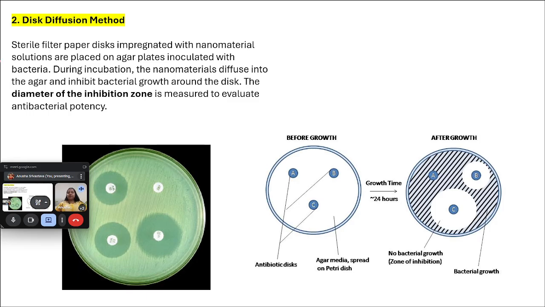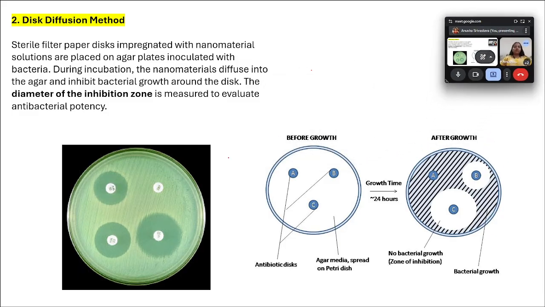This is the disk diffusion method, right? In this diffusion method, sterile filter paper discs impregnated with nanomaterial solutions are placed on agar plates inoculated with bacteria. In this case, instead of carving out the well, you're simply culturing bacteria.